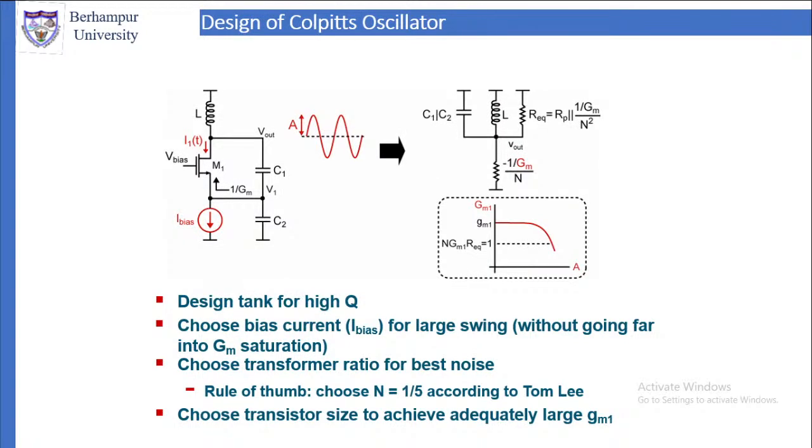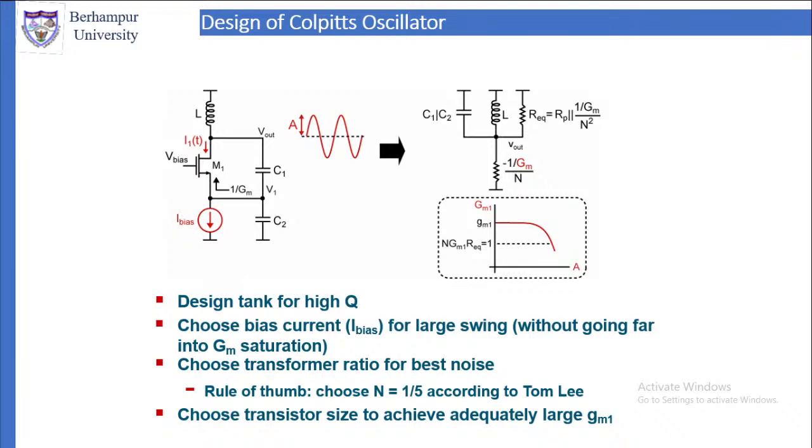The design of the Colpitts oscillator is the same as we have seen earlier. R equivalent is RP in parallel with 1 by Gm into N square, or RP in parallel with Rin. C is equal to C1 parallel with C2.